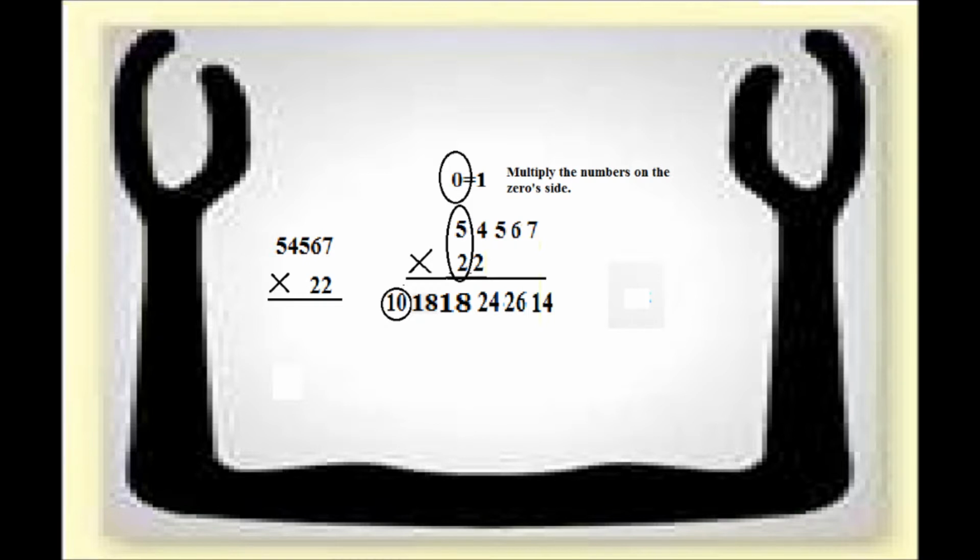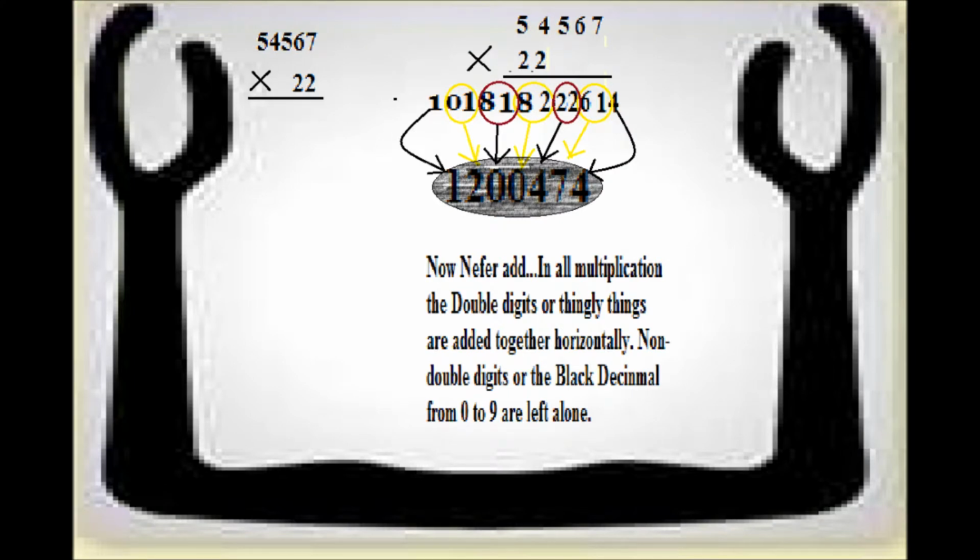After we do that, what we do next is add it together. We know how many digits we got to add together. Since at one point certain numbers, when you multiply, don't give a double digit, we don't multiply that.